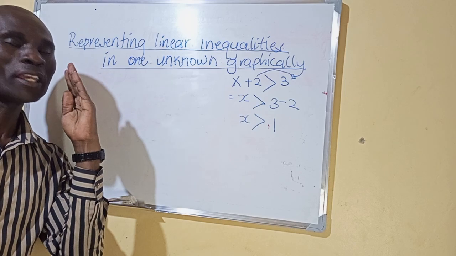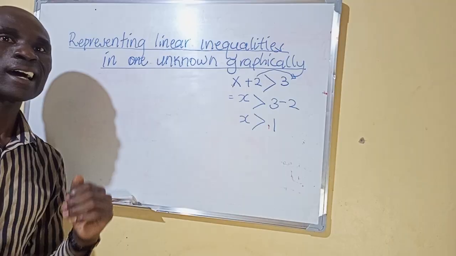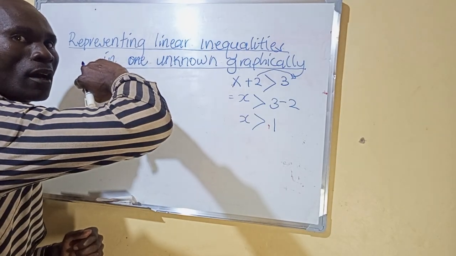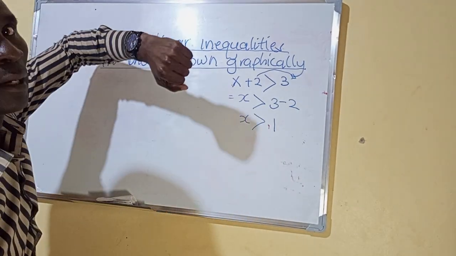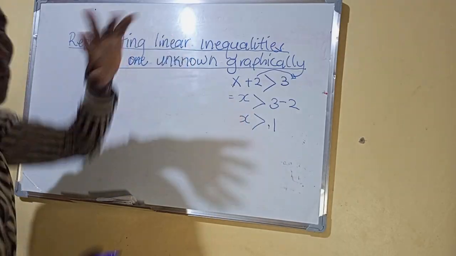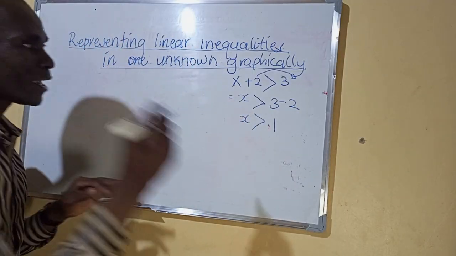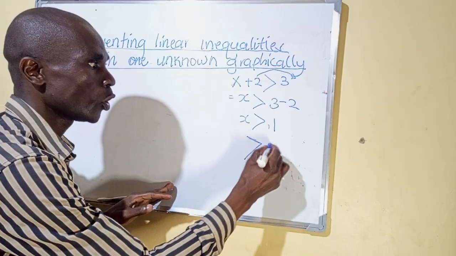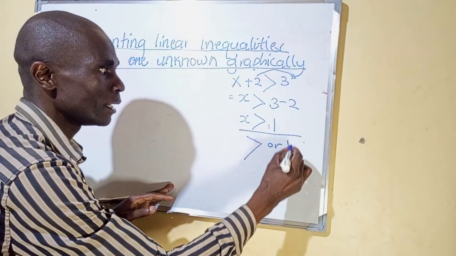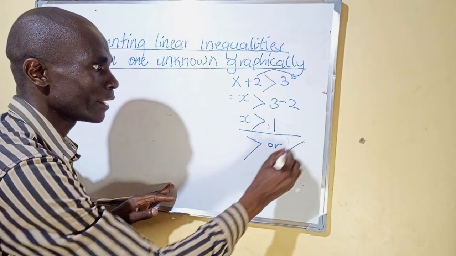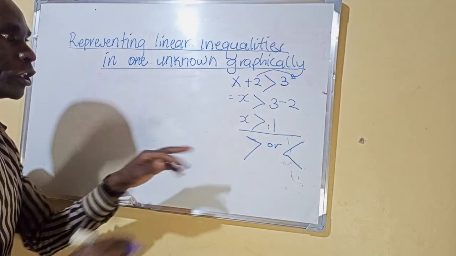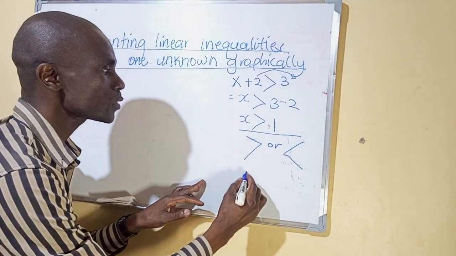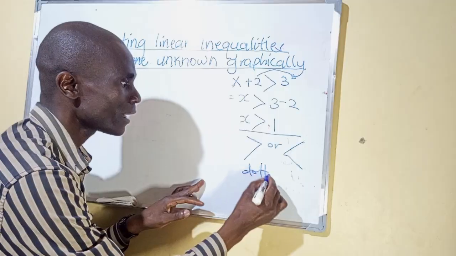If our inequality is either greater than or less than, we use dotted lines.